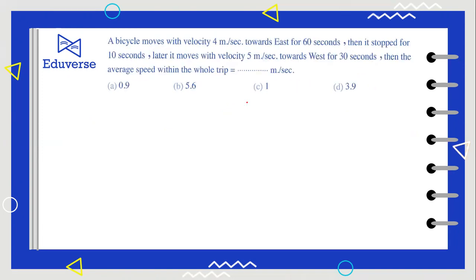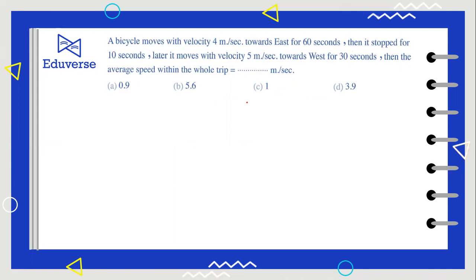Next. A bicycle moves with a velocity of 4 meters per second toward east for 60 seconds. Then it is stopped for 10 seconds. Later, it moves with velocity 5 meters per second toward west for 30 seconds. Then the average speed.